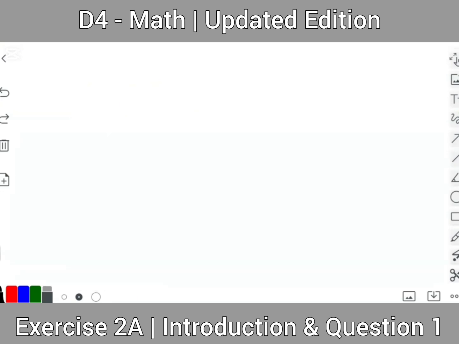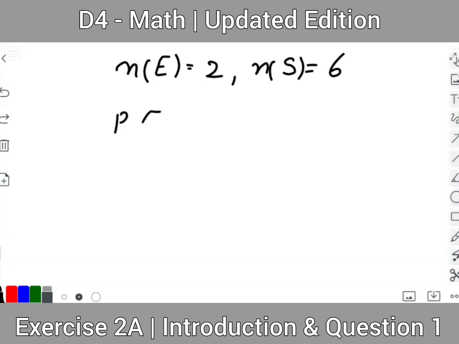Since we have discussed the example of a fair die being rolled, N of E was 2 and N of S was 6. So P of E will be equal to 2 over 6. First we'll write down the formula.